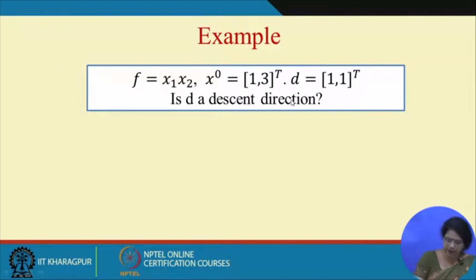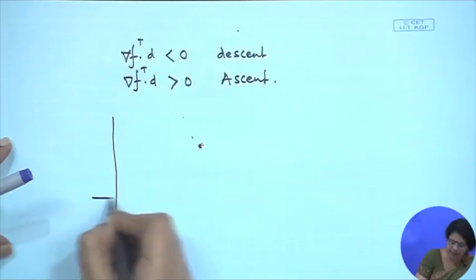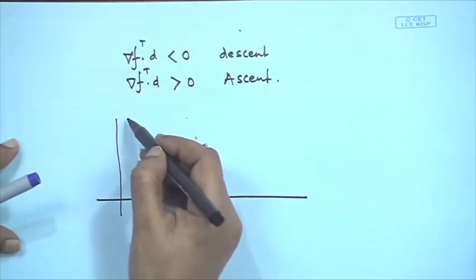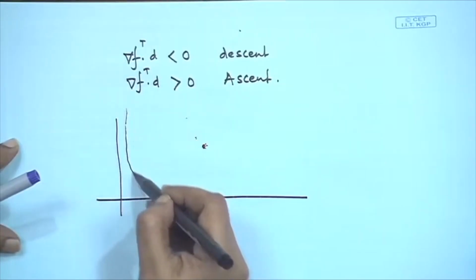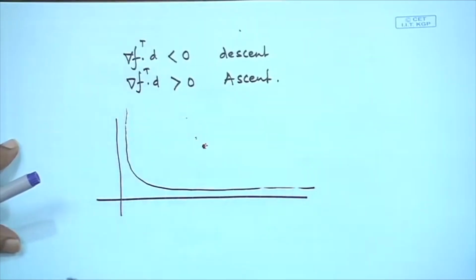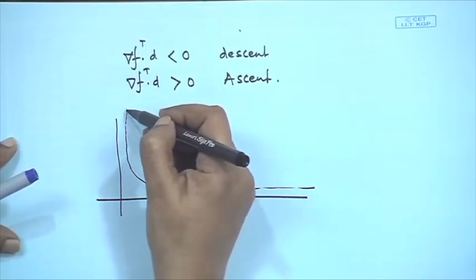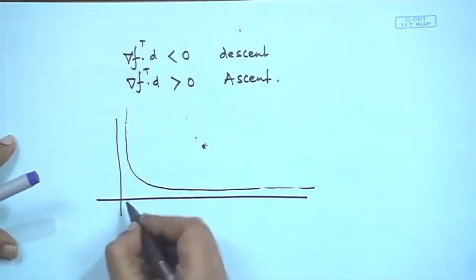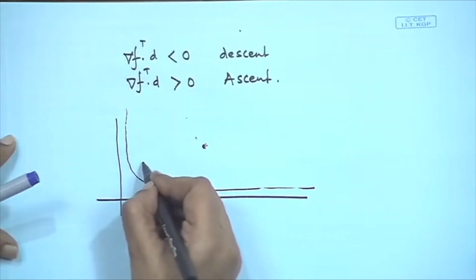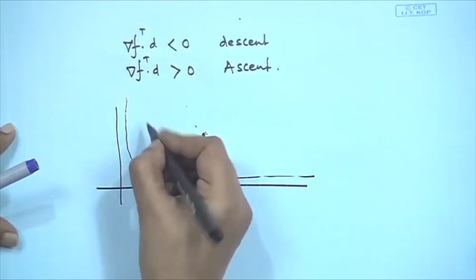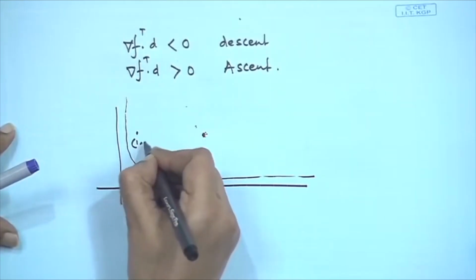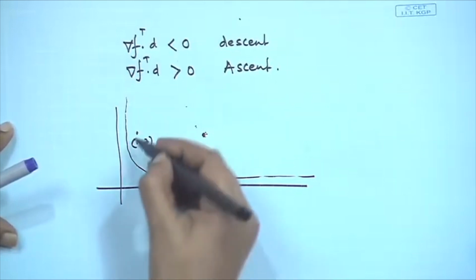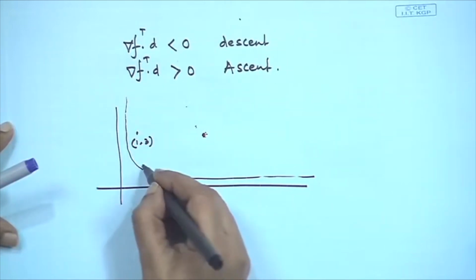If I consider a 2-dimensional space, the function x1 x2 would be like this. This is one of the level curves of the function. Now, there is a point, that is (1, 3). Say this is the point (1, 3). Now, there is a direction (1, 1), this is the direction.